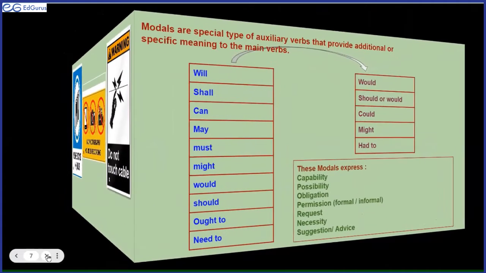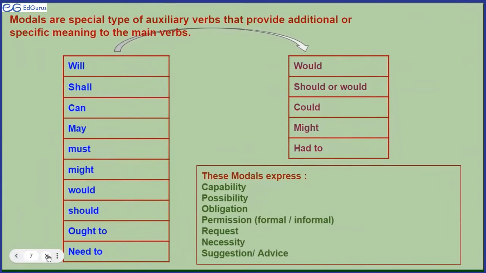And then we had also expressed the meaning of these notices in sentences where we had been using the modal verbs. That is, can, may, must, might, would, should, etc.